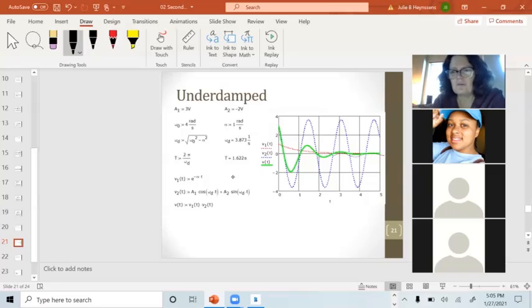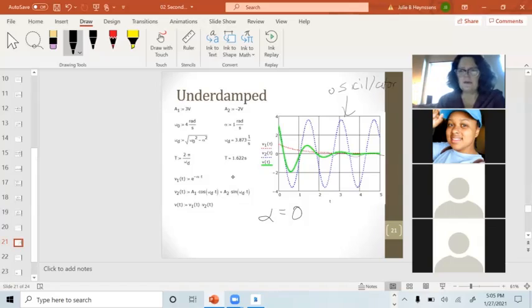There's a special case of underdamped systems where alpha equals 0. And when alpha equals 0, there's no damping and you get a sinusoid out of there. This is called an oscillator. It's a way of making a sine wave generator.